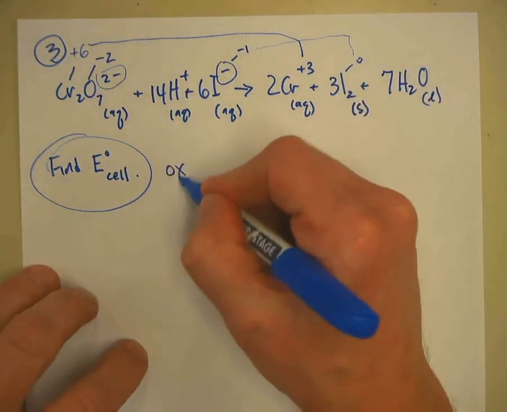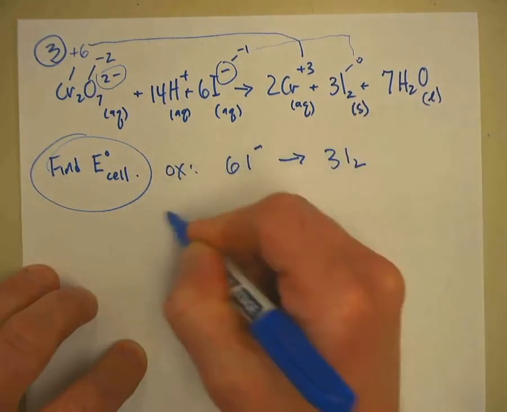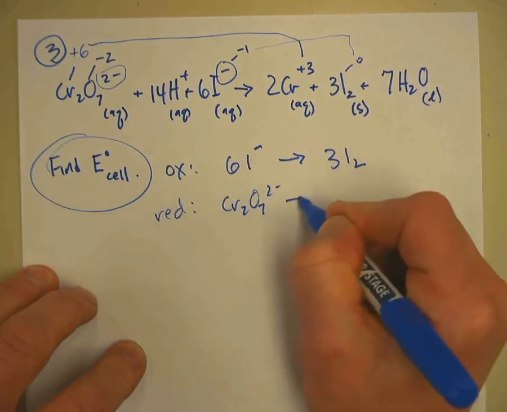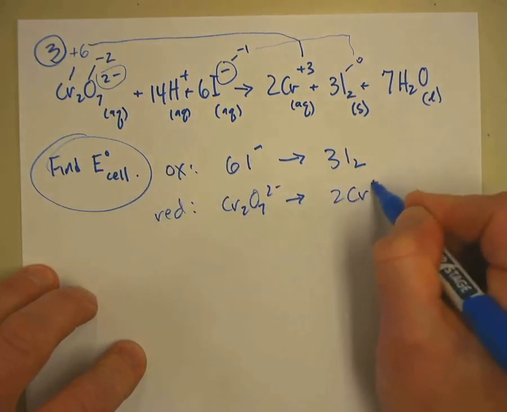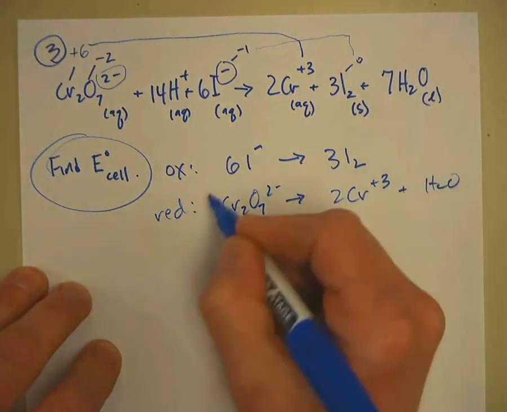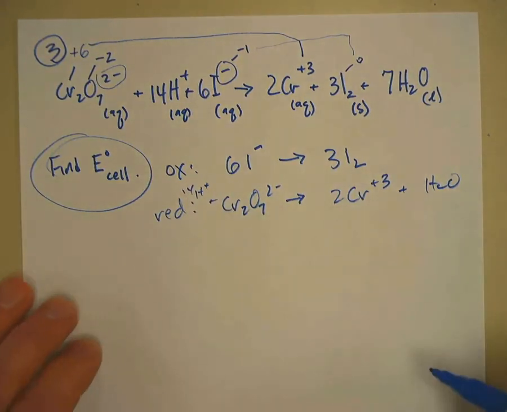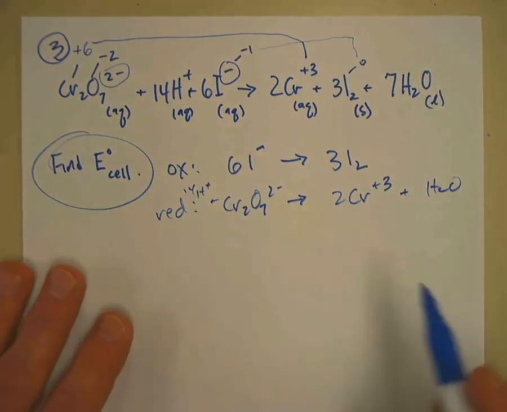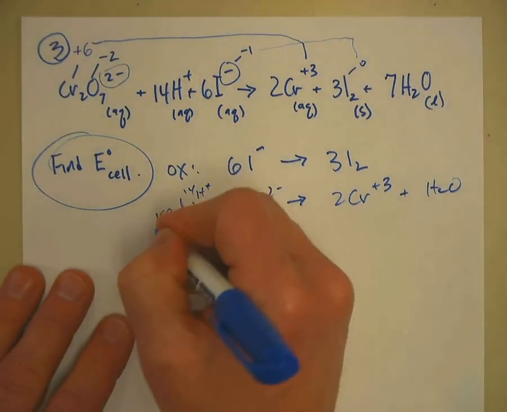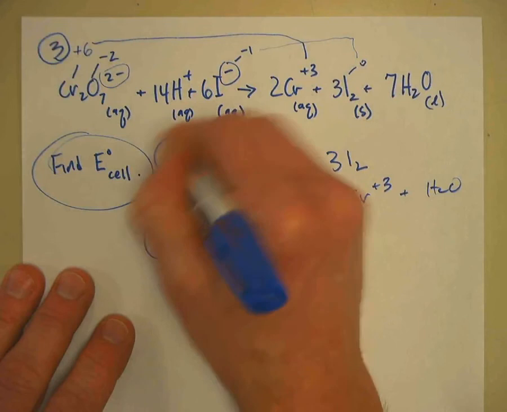So my oxidation half reaction is 6I minus goes to 3I2. My reduction half reaction is the Cr2O7 2 minus goes to 2Cr positive 3. And then, of course, I'm going to need the waters in there to help balance it, and I'll need the H pluses in here too. But I'm not going to worry about balancing the half reactions. What I really need to know is which one's oxidation and which one's reduction. Because remember, red cat, this is my cathode, and anox, this is my anode.